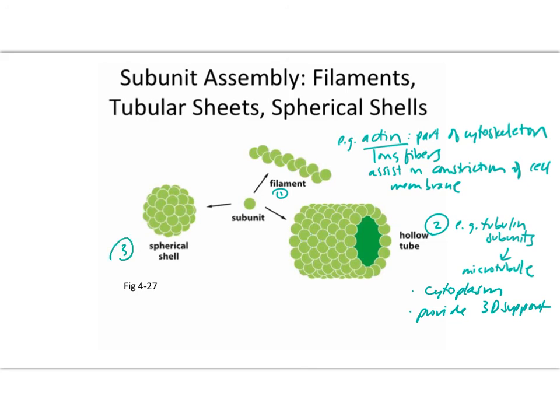And a third example that's shown here is a spherical shell, and this is when we have many individual subunits that can glom together in a different repeated fashion. And one example about how spherical shells are used is in viruses. Some viruses will have a protein coat around them, and that can be a spherical structure.